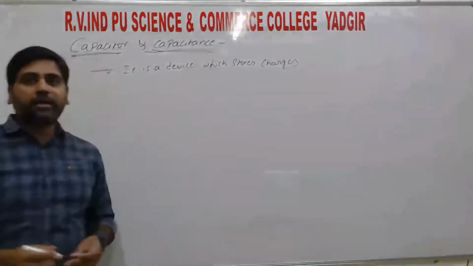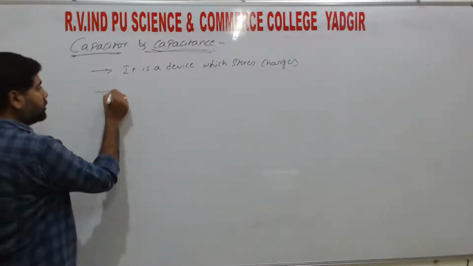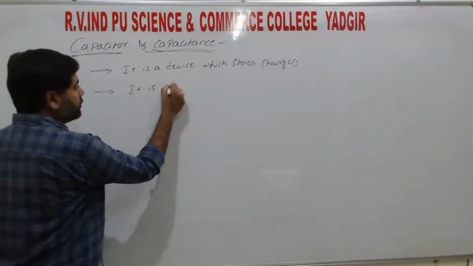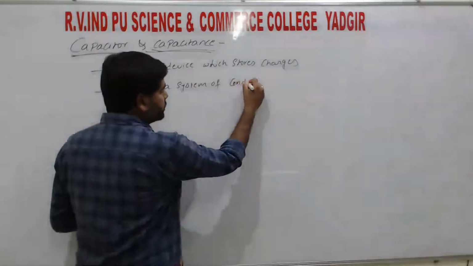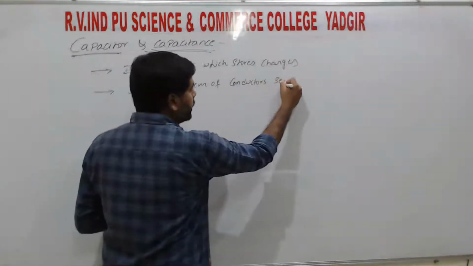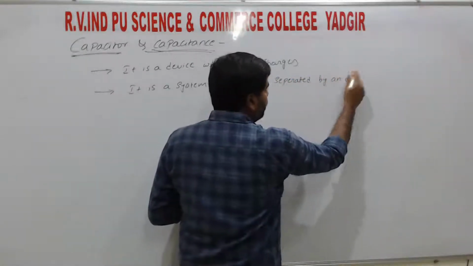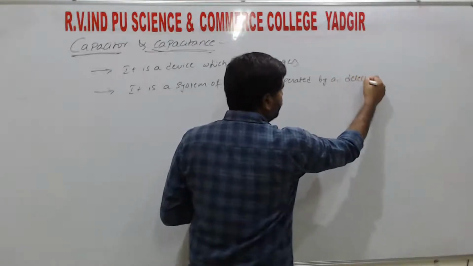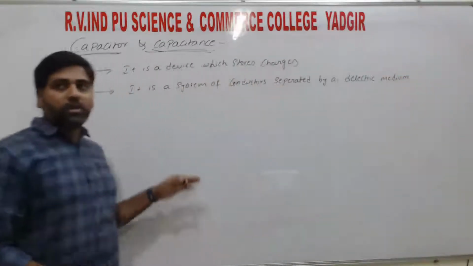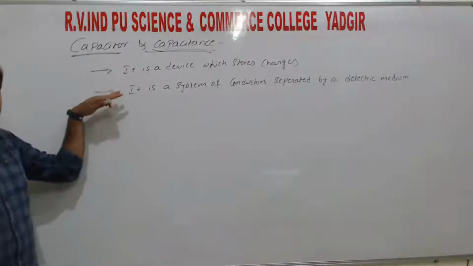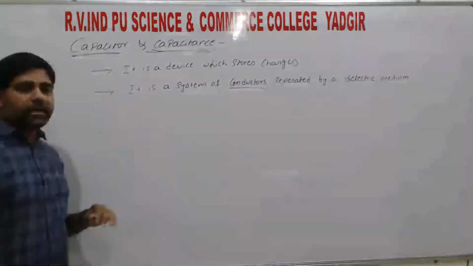If you define the capacitor, it is a system of conductors separated by a dielectric medium or insulating medium, right? So this gives the definition of the capacitor. A capacitor is a system of conductors separated by a dielectric medium, right?